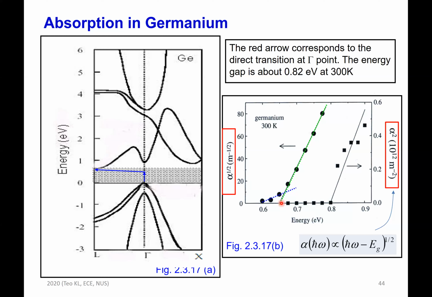So the band gap occurs at about 0.66 eV for germanium, which is measured from here to here, from the top of the valence band to the minimum of the conduction band, 0.66 eV.